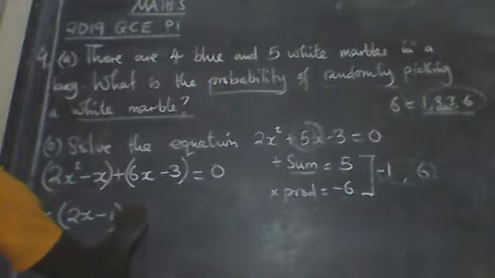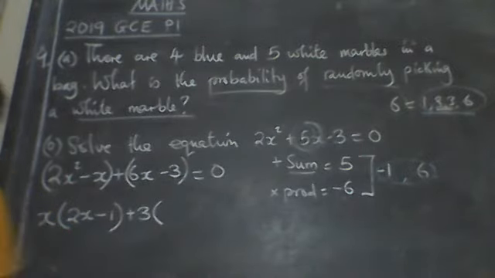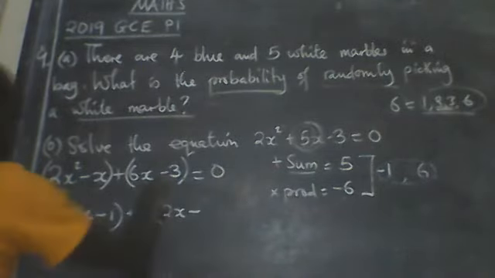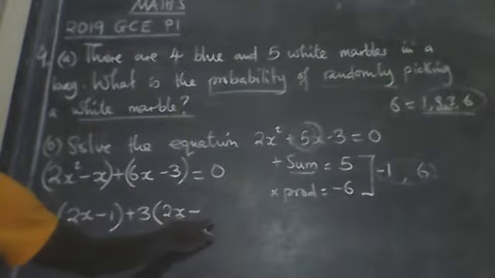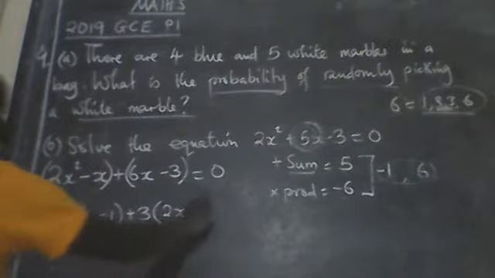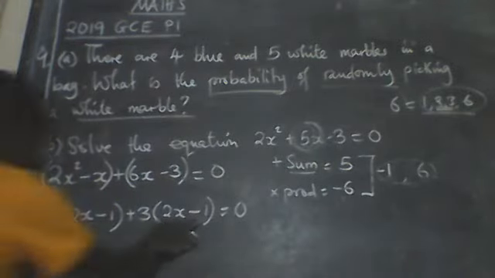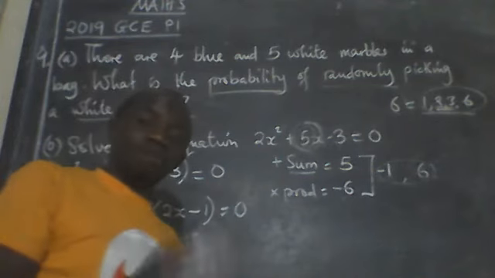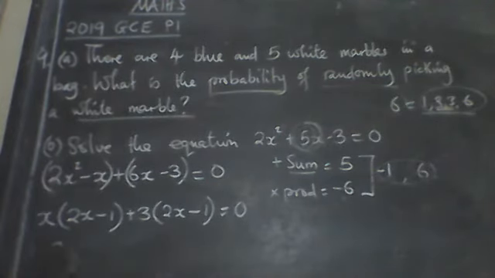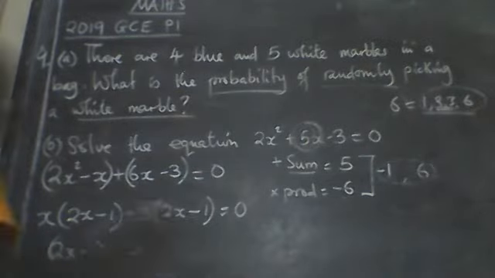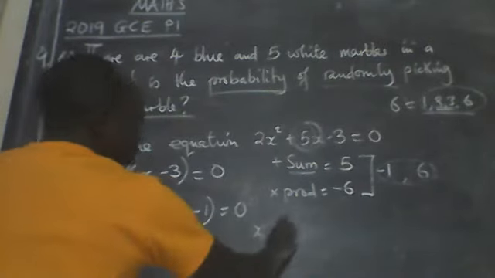We have plus 3, and 3 into 2x gives 2x, minus 1, which must be the same as the one in brackets here. 3 into 1, that is 3, equals 0. So you can see that what is in brackets here are the same. I'll group that as 1, so I have 2x minus 1 equals 0. Then the expression outside, which is x plus 3, also equals 0.